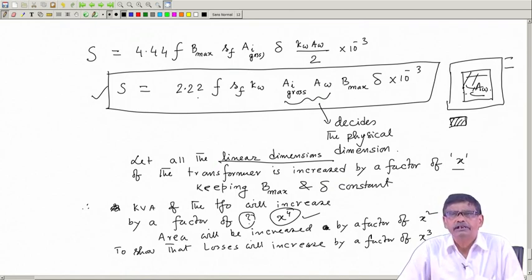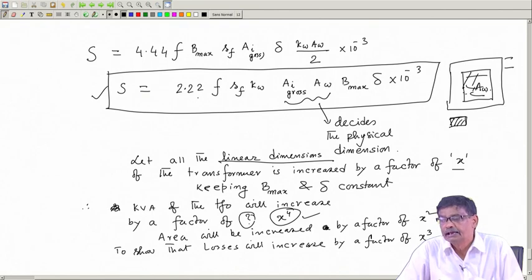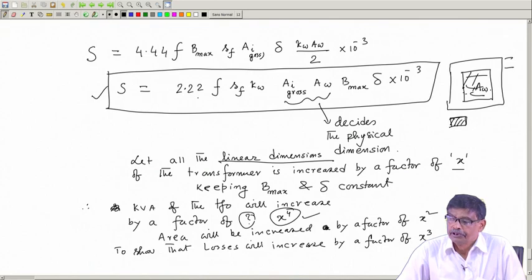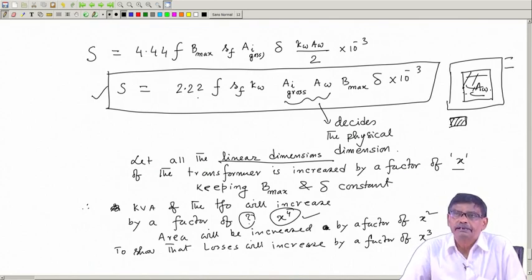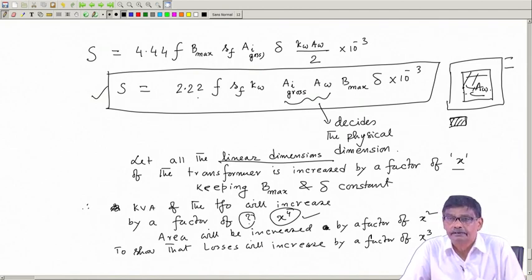And I told you the rate at which heat will be dissipated and the rate at which heat will be generated, when these two are equal, the transformer will attain a constant operating temperature. So, it is the temperature rise which is important. The temperature rise should not exceed the desired level.